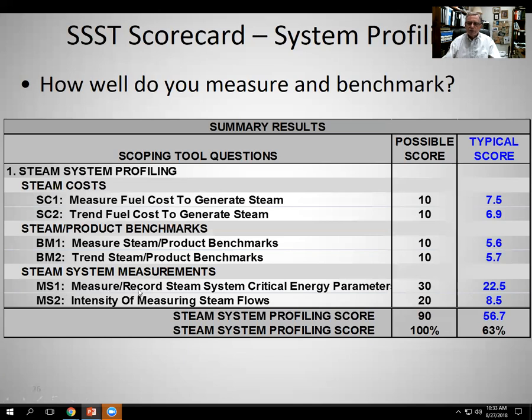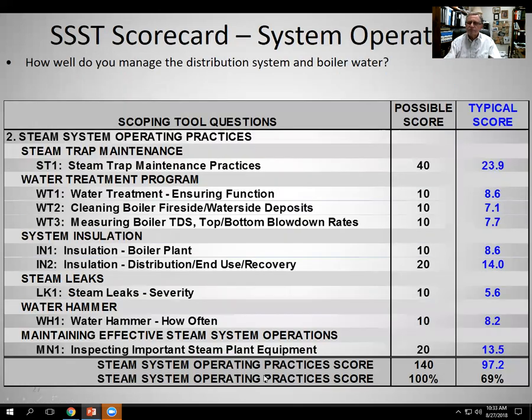Steam system measurements: measure and record steam system critical energy parameters, oxygen flow, make-up water flow, all kinds of things. What kind of job do you do measuring and tracking those parameters, and the intensity of measuring steam flows, all kinds of things.